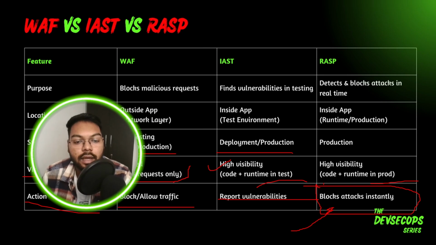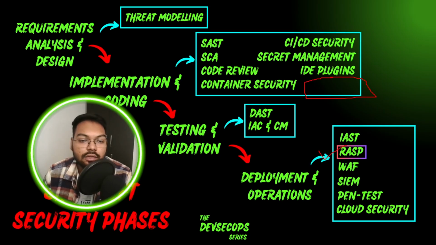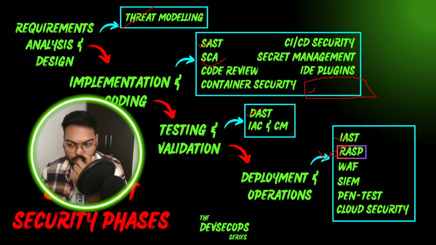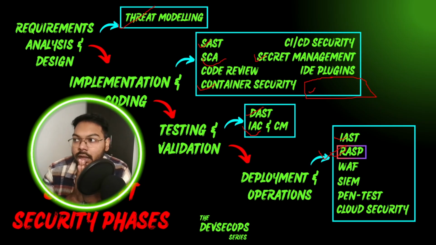Now at the end we have this thing which we have already seen a lot of times. So now we have covered RASP. Here I think I should mention MAST as well. So threat modeling, SAST, SCA, DAST, IAST, RASP, and MAST are covered. We will again look into the other methods, secret management, container security, and infrastructure as code security, in our upcoming videos.